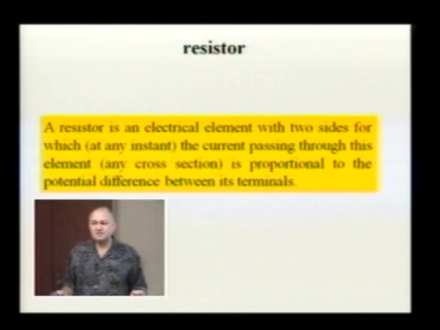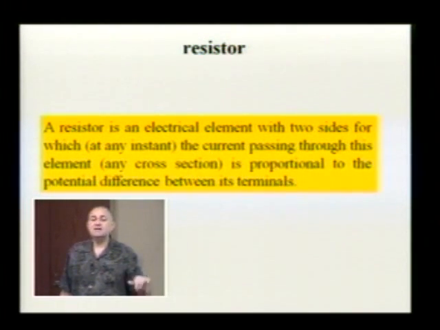Look at the difference between capacitor and resistor. In a resistor, current is proportional to the potential difference. In a capacitor, charge transferred between the plates, or charge stored on the capacitor, is proportional to the potential difference.